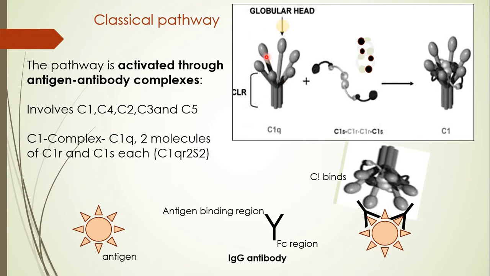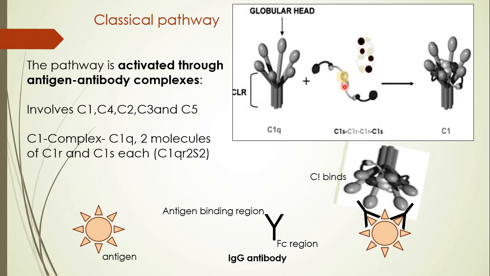Now here you can see the picture of the C1 complex. C1q is composed of a stalk and it shows a head region which is knob-like on the anterior side. This is actually a hexameric structure which is linked together, and this C1q is always seen in association with two molecules of C1s and C1r.